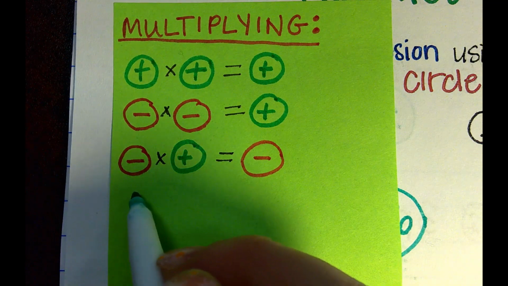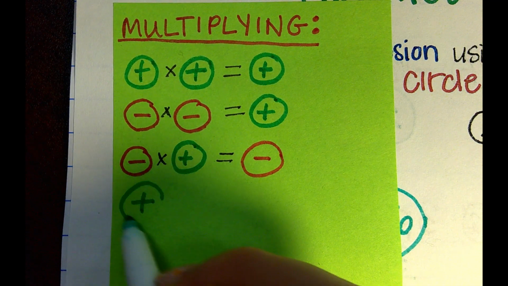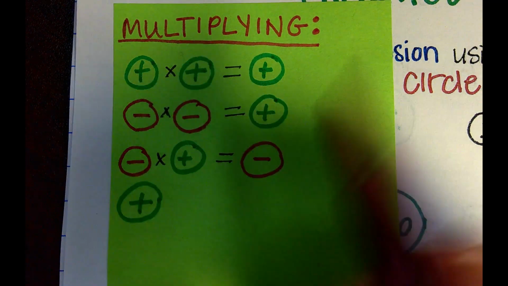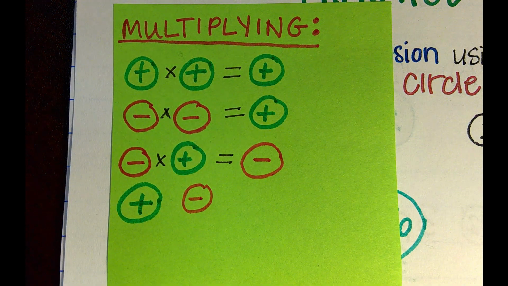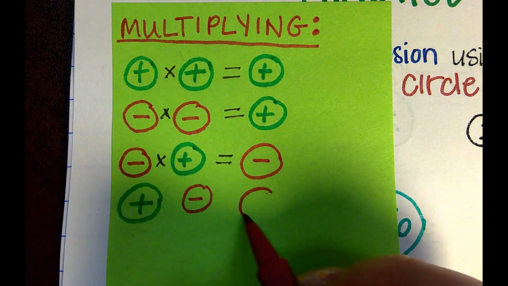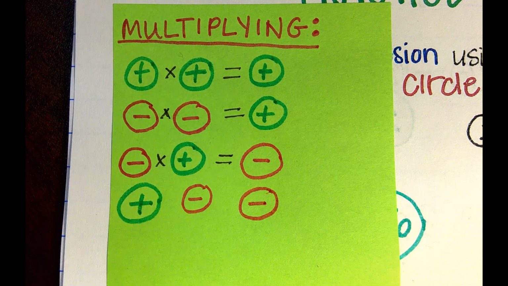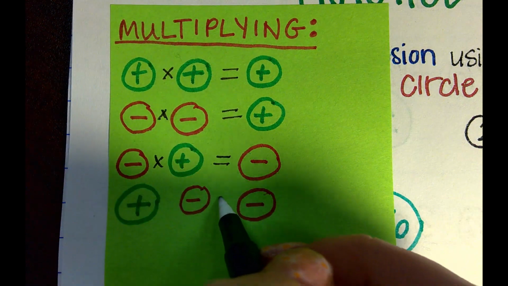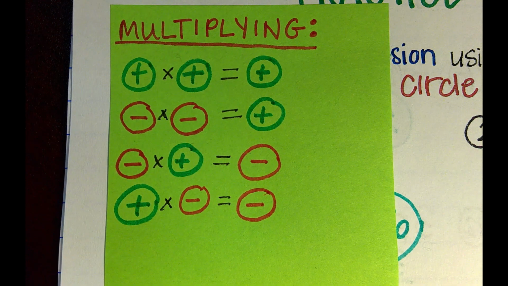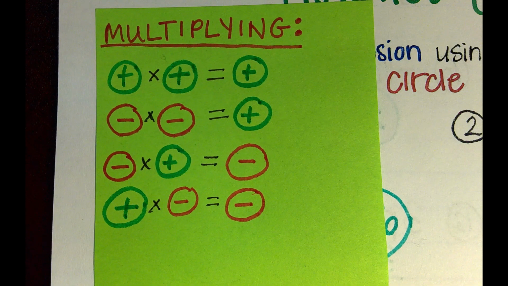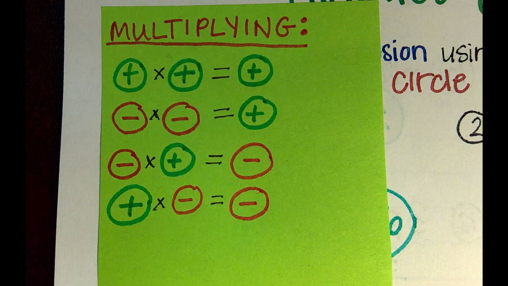And if I do the same but opposite, I do a positive times a negative, yes, different signs give me a negative answer. Okay. Here we go. So that's our multiplying guide.